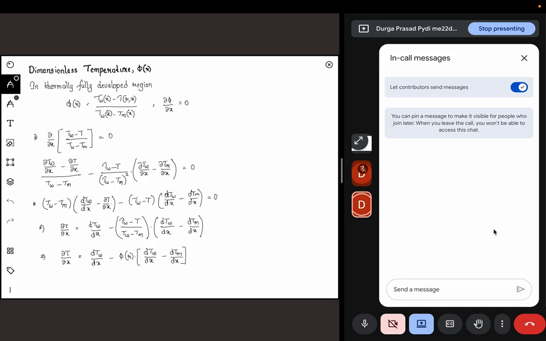We are saying the derivative of this is equal to 0. So when you apply the chain rule, this is the equation we'll end up with.